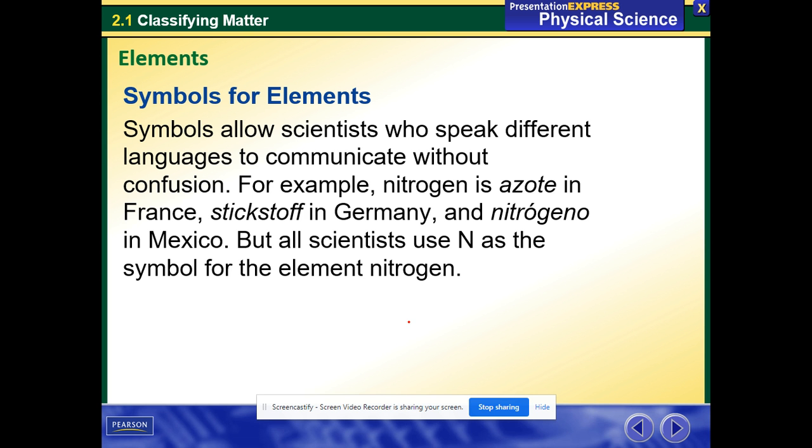For example, nitrogen in our language is nitrogen, but in France it's called azote, it's called Stickstoff in Germany, and nitrogeno in Mexico. But all scientists use the letter N for the symbol of element nitrogen, so we don't get confused.